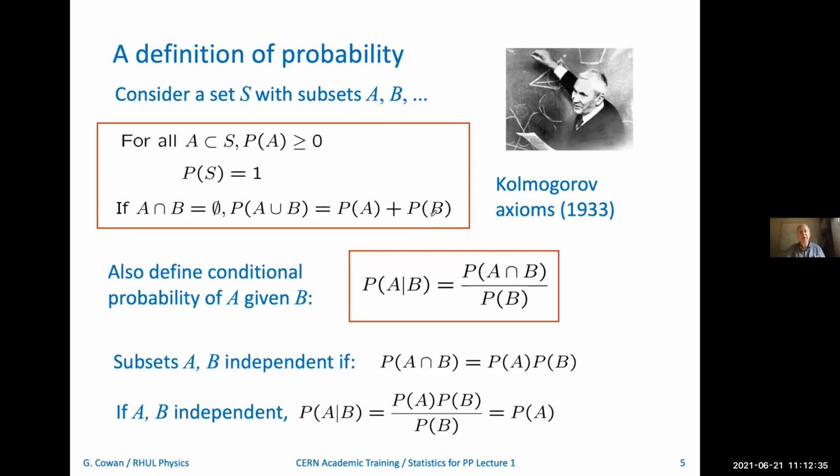And from those axioms, we can derive all of the other properties of a probability function that you know and love. There is one thing that we have to add as a sort of fourth axiom, and that is the definition of conditional probability. So you can start off with a certain sample space that might represent the set of all possible outcomes of an observation. But now suppose you want to restrict it.